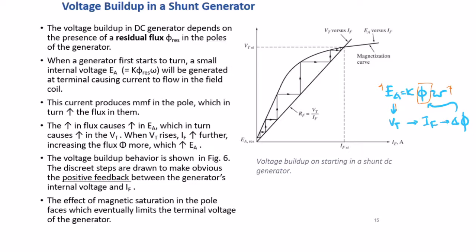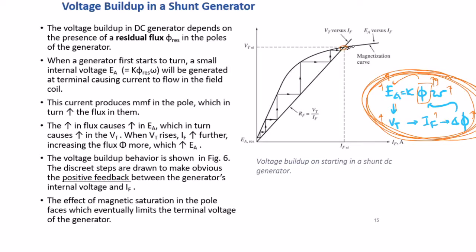Okay, and when the flux of the system is increased, EA will be increased again, VT is increased, IF is increased, and the delta flux will be increased, and therefore the flux will be increased even higher. So this will go in circles. So the flux will be getting higher and higher, and the EA will also be getting higher and higher, until it reaches the saturation region, if you like.